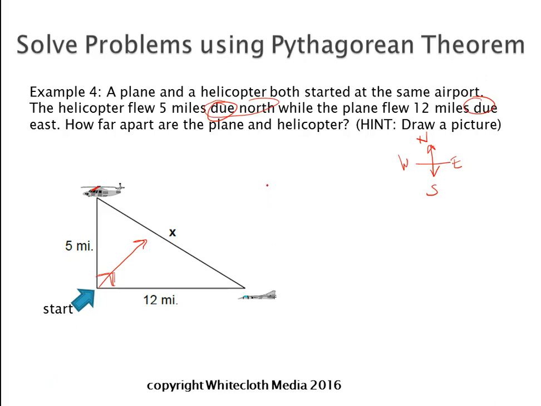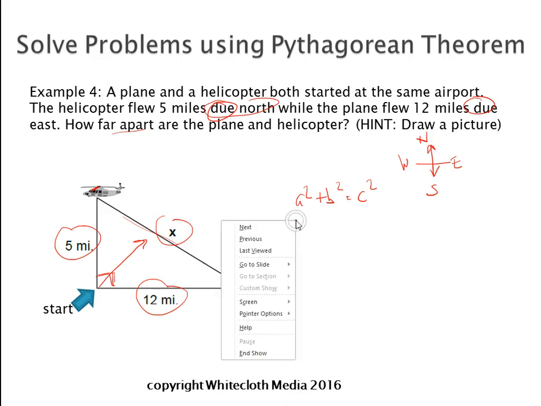So now it says how far apart are they. When up straight here, how far apart are they? Right triangle, a squared plus b squared equals c squared. Short squared plus short squared equals long squared.